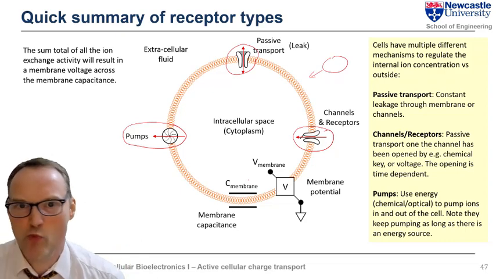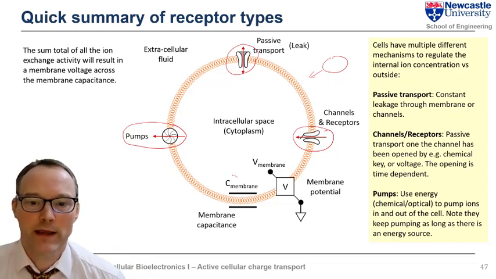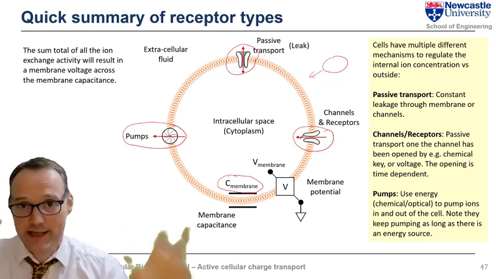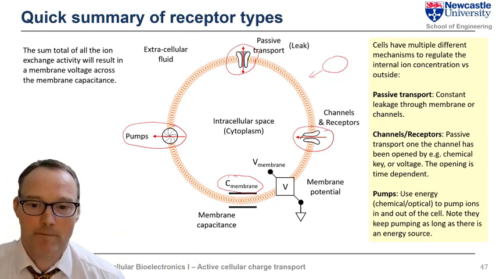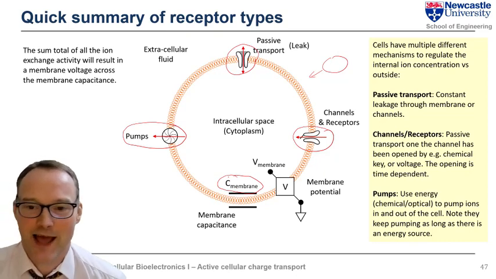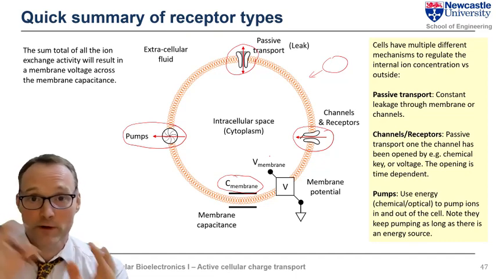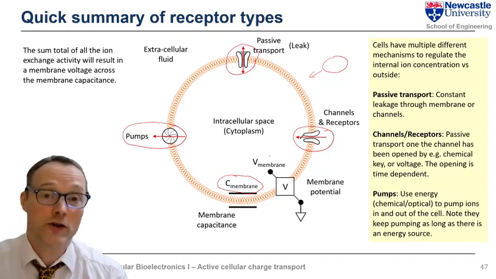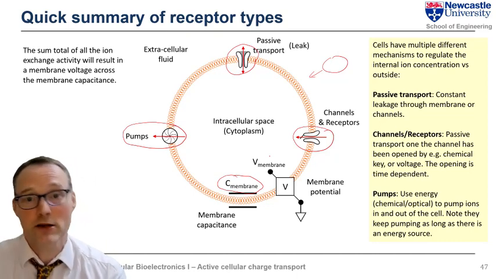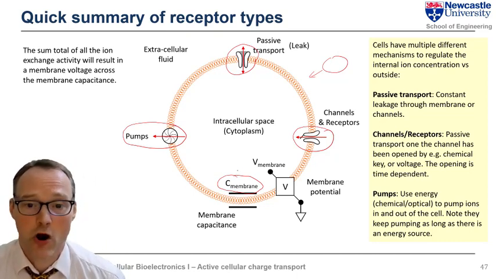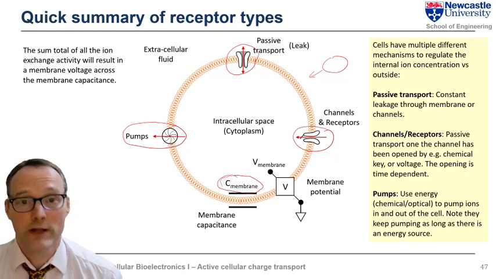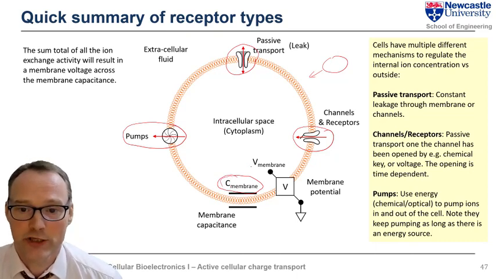membrane type wall, we can think of the capacitance of the cell membrane. So this relates to the area of the whole cell, and of course the thickness of that membrane. And then finally, as there are going to be different concentrations of charge on the inside compared to the outside, charge over capacitance will create a voltage, and we call this the membrane voltage.